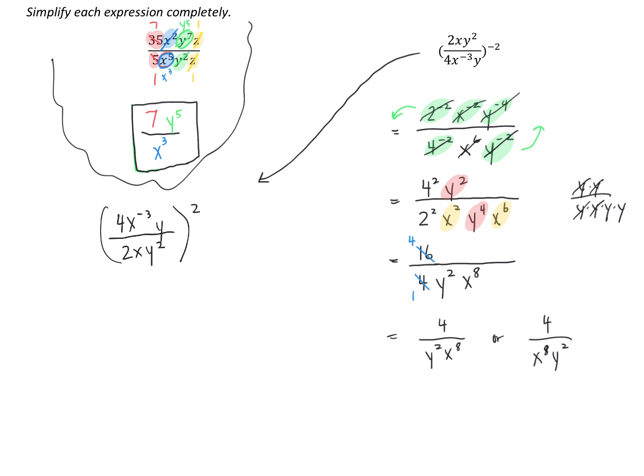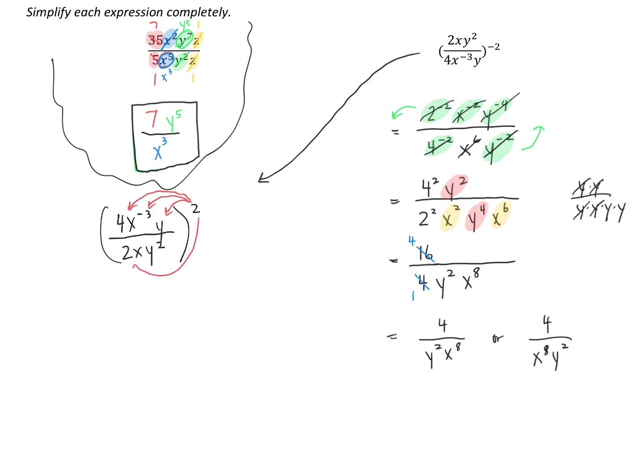So that is also another way to start this problem. Instead of starting with the power rule, you could start with the negative exponent rule. And since that negative exponent applies to everything in the parentheses, you flip the whole fraction and change the sign of only the exponent on the outside. And now you would apply the power rule.